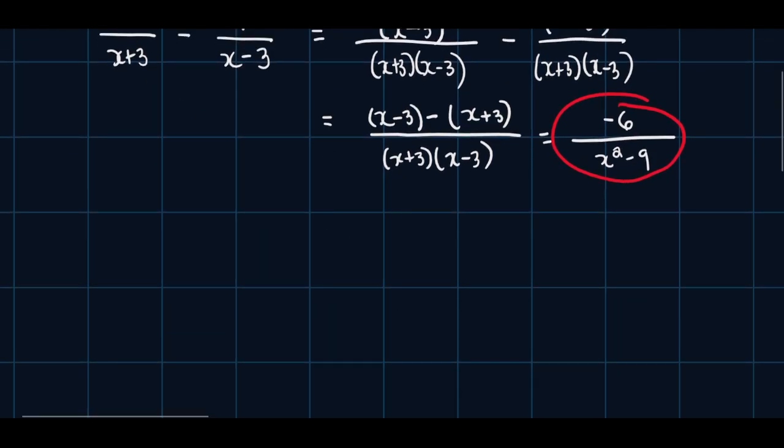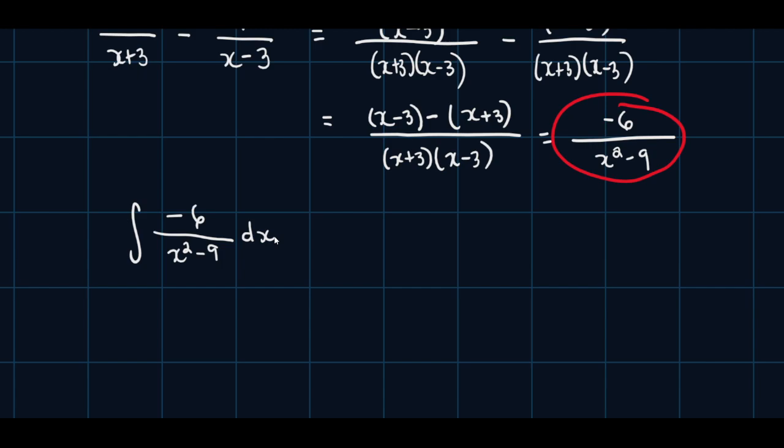Okay, so going back to our main topic, which is getting the antiderivative of rational functions, let's just use this example. Suppose we want to get the antiderivative of negative 6 all over x squared minus 9 dx.